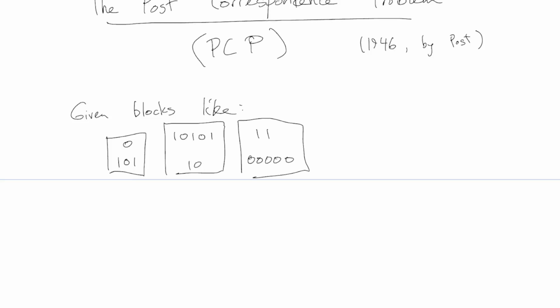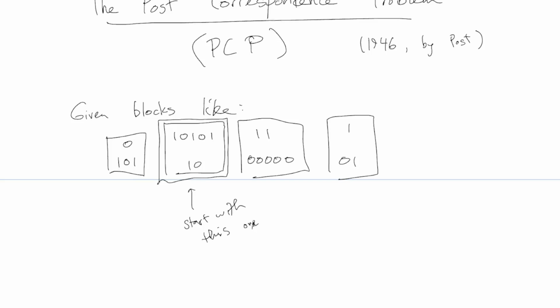Like this, and I've got one more. Then one of the blocks is designated as the starting block. Let's say the second one, I'm going to give it a little double outline. This is the starting one. You have to start with this one.